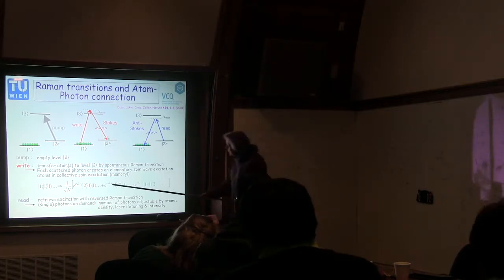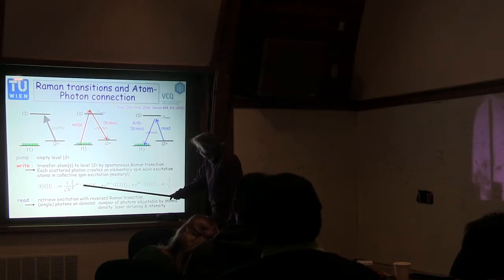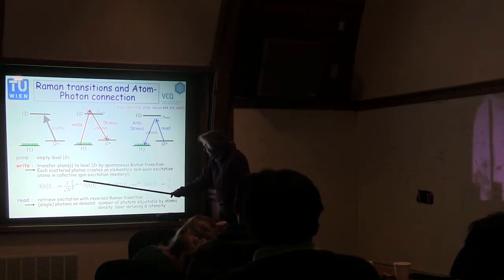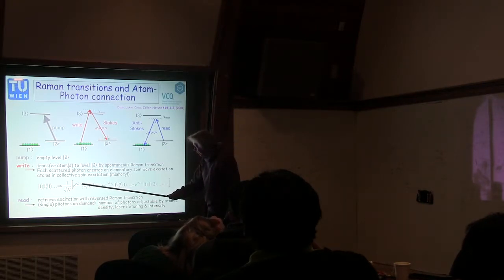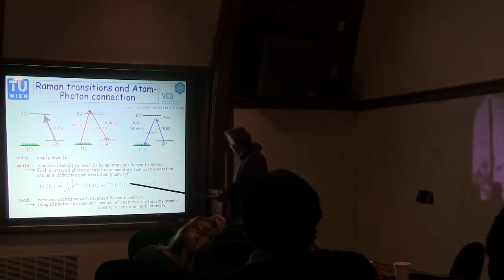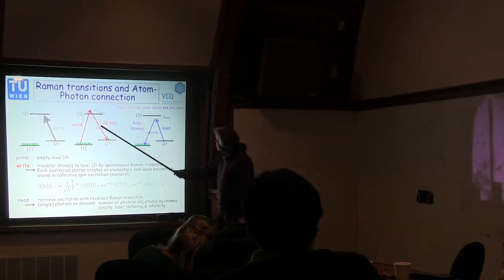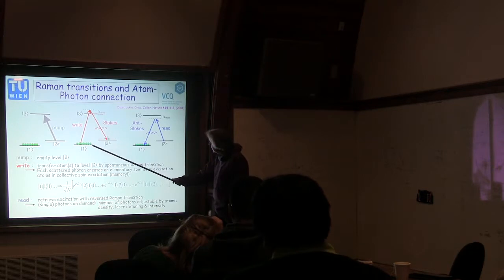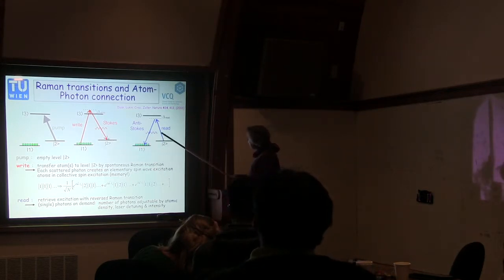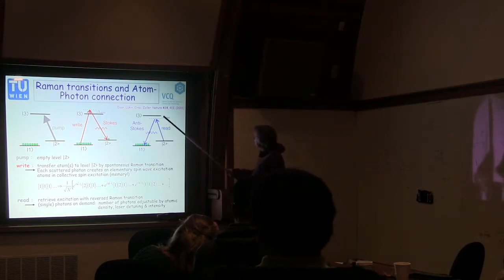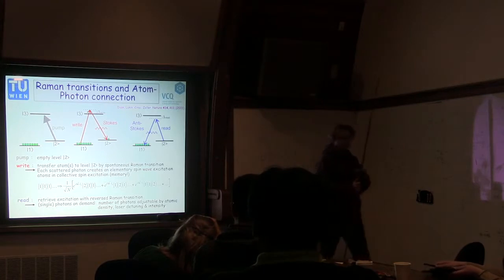And each of those states gets a phase factor, which is e to the i Delta k times r, where r1 is the position of the first atom, r2 the position of the second atom, r3 the third atom. So the phase of the initial write beam is written into the spin wave, and therefore the anti-Stokes photon carries the phase of the read beam relative to the phase of the write beam, so they can be quantum correlated.